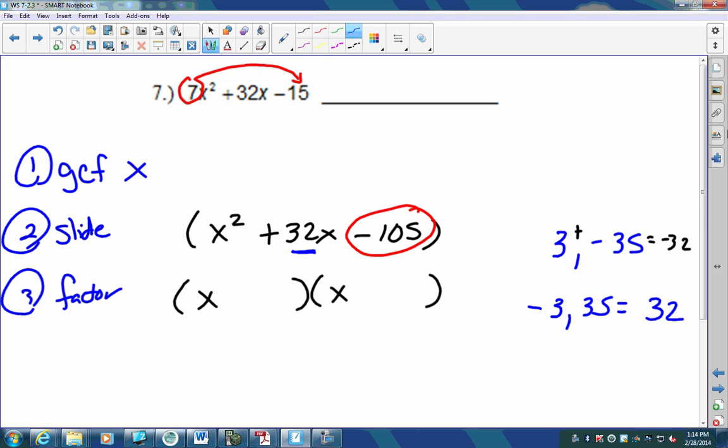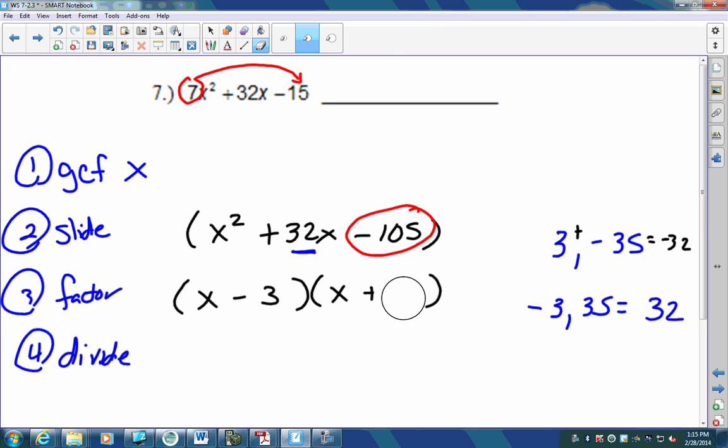That's what I need right here. So I'm going to put minus 3 and plus 35. When you slide, you must divide. Plus 32. All right, so you got to divide by the number. We slid 7.